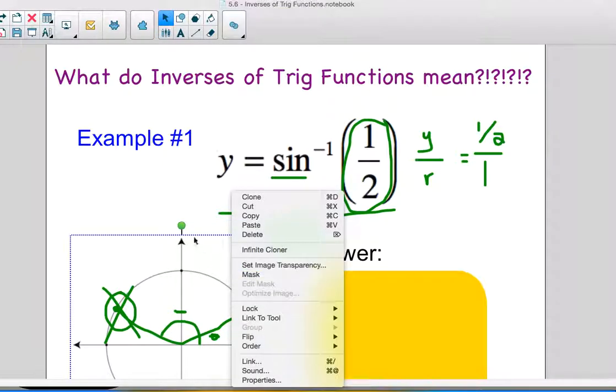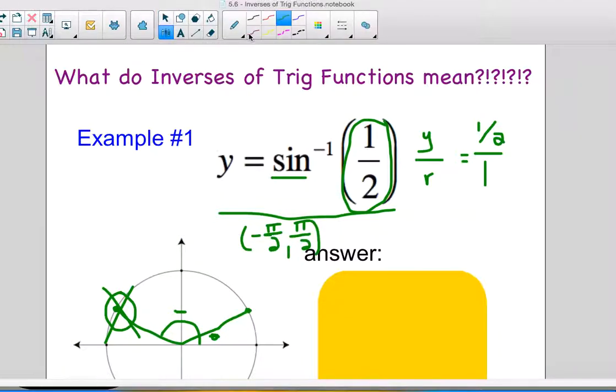But that's it. Now, if you're thinking, well, what about negative 330 degrees, or negative 11 pi over 6? That same thing, that would end right there. The terminal coordinate would have a y value of 1/2. But negative 11 pi over 6 is not a number between negative 1.57 and 1.57.